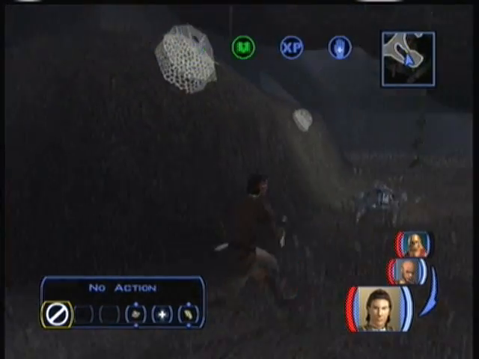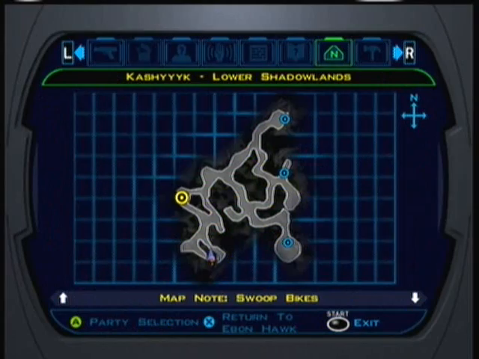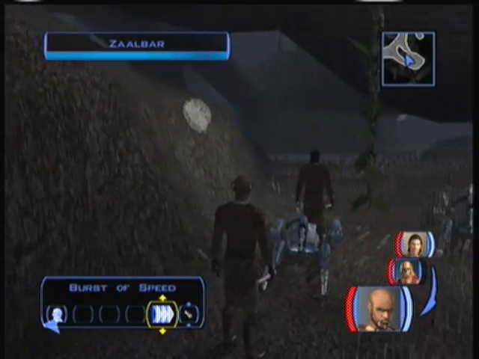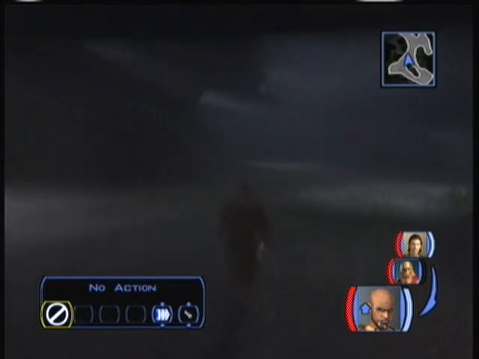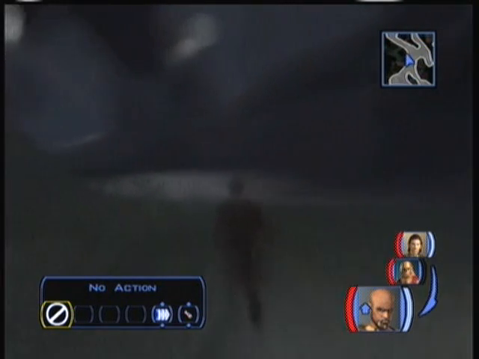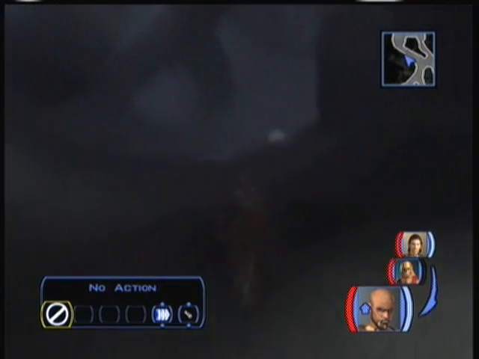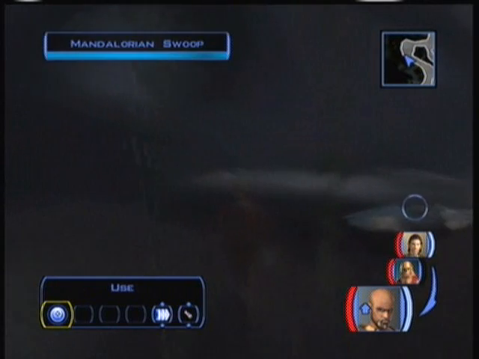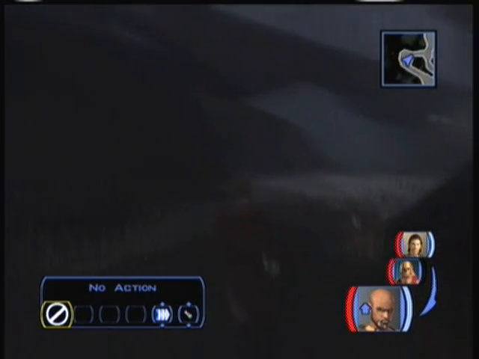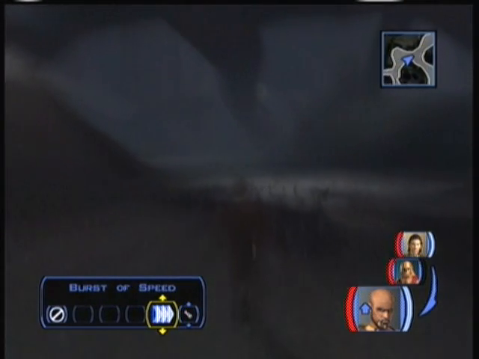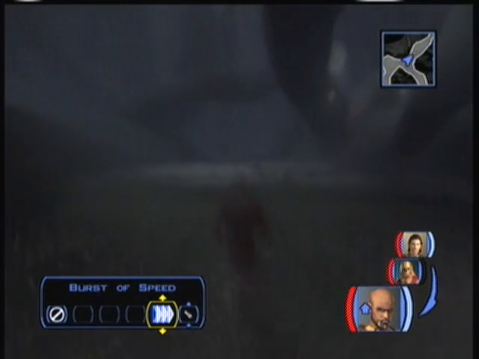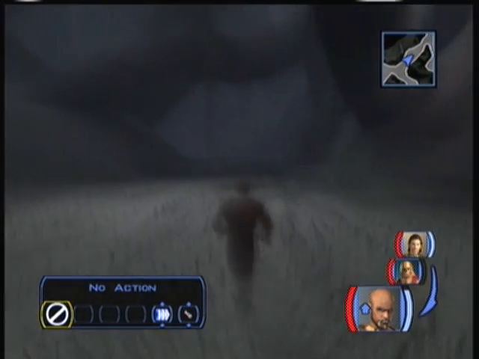Sure, no problem. Can I jump? Nope. Damn it. Ho ho. Old man, you're up. Let's go. Going at the speed of sound. I'm going at the speed of sound. Biggest fucker that's around.